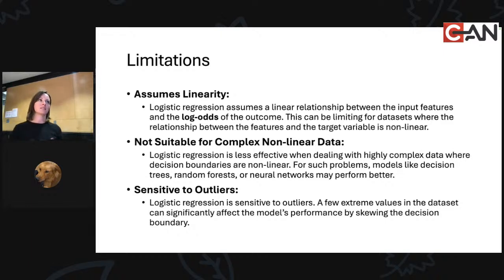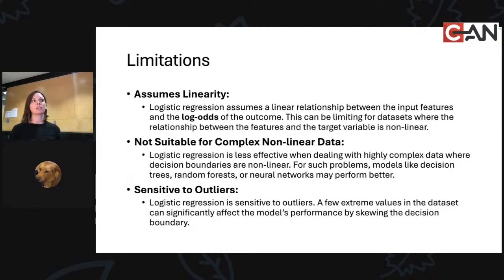I will say a lot of this is a bit hand wavy because in reality, we just apply this, and if the model performance is poor, then it's poor. And with increasingly larger data sets, it kind of works itself out. But I just want you to know it could be not suitable for complex or nonlinear data.